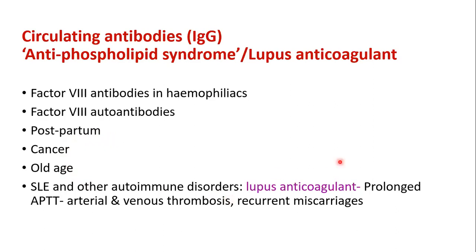SLE is very often associated with antiphospholipid antibodies. They show prolonged activated partial thromboplastin time, thrombosis, and recurrent miscarriage. Antiphospholipid antibody syndrome with lupus anticoagulant is a triad of prolonged APTT, thrombosis, and recurrent miscarriage.